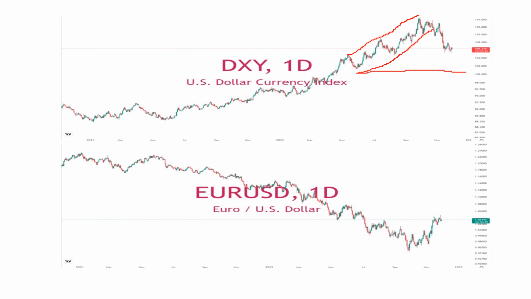We're expecting the market to come and reach this 90% rule. We had a first touch here, a second touch, and then we had a third touch there. What we're waiting for right now is for the market to reach the 90% rule of this structure. The same happened with EUR USD right here.